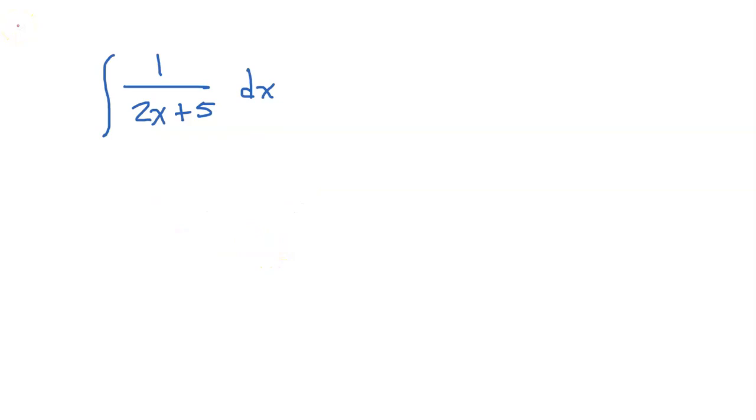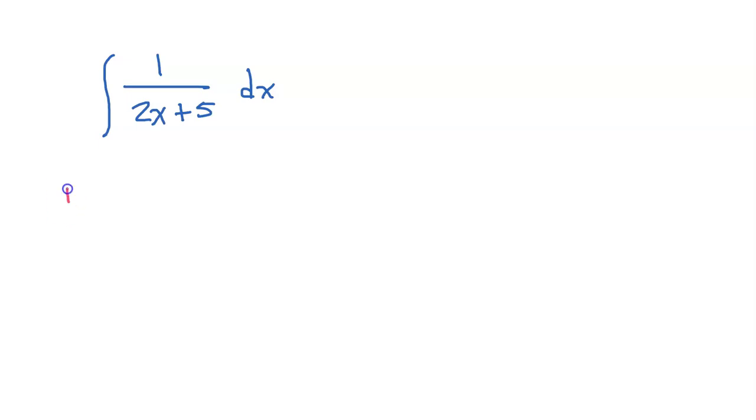Quick side lesson. You should be able to do problems like this in your head as well. So we would let the denominator equal u. So in your head, think to yourself, okay, u is 2x plus 5. So what would u prime be? u prime will be 2. Notice how that is just a constant. So we will wind up dividing by 2 because we always divide by u prime.